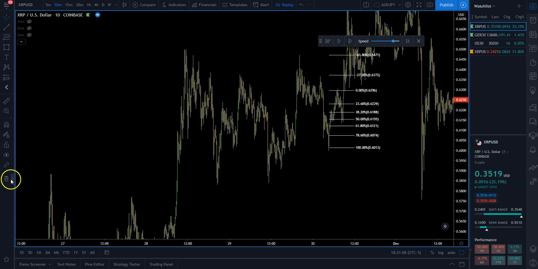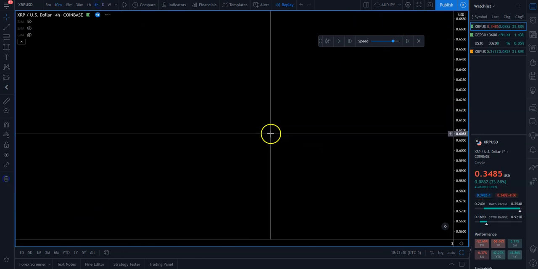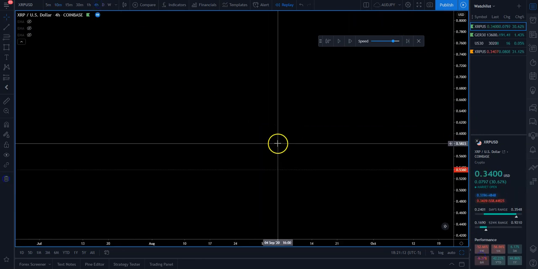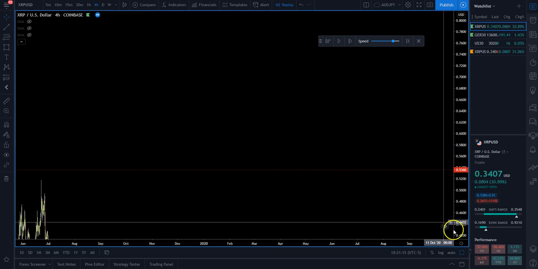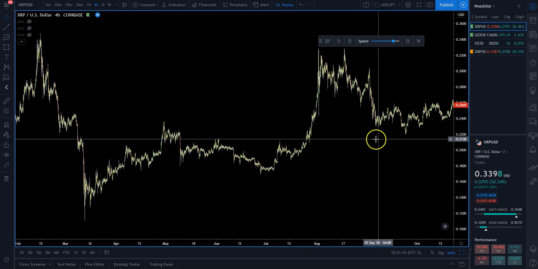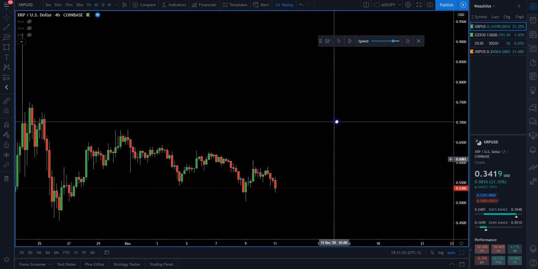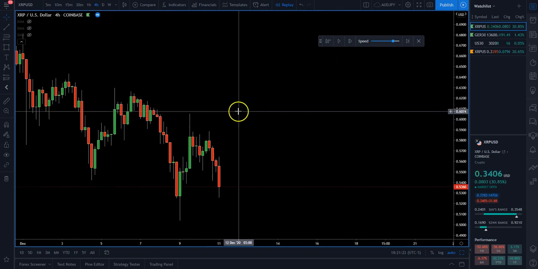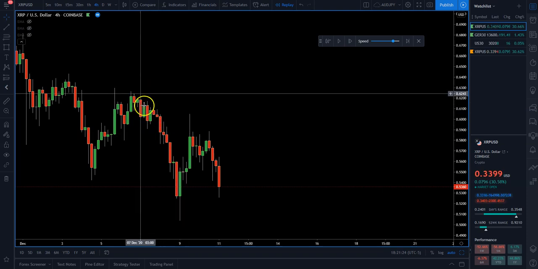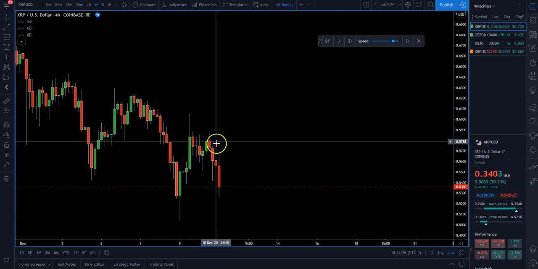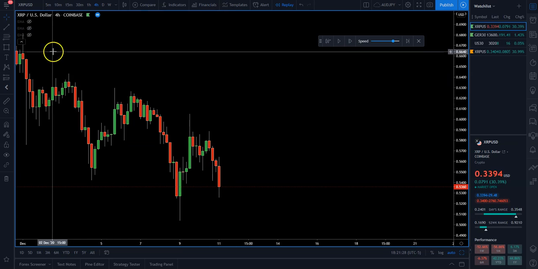And even on higher time frames. The Fibonacci is beautiful on higher time frames because it'll basically let you know how powerful the trend is. I took this trade right here and I caught this all the way down.